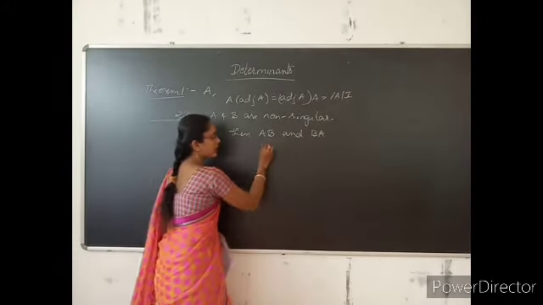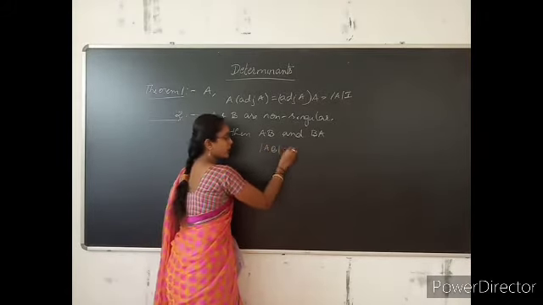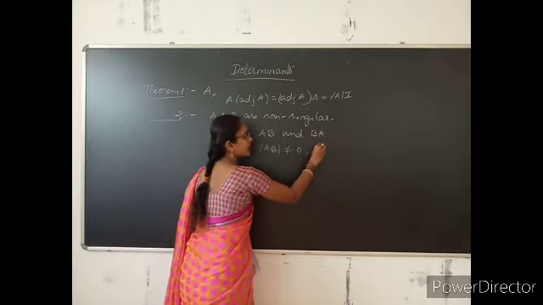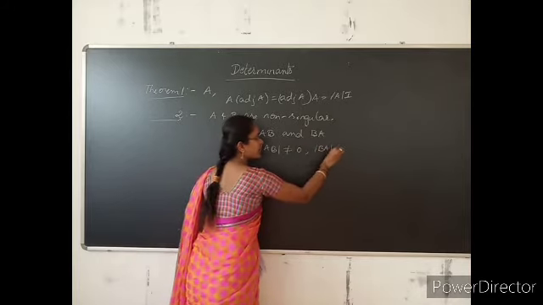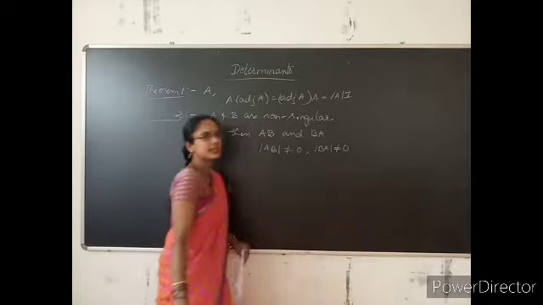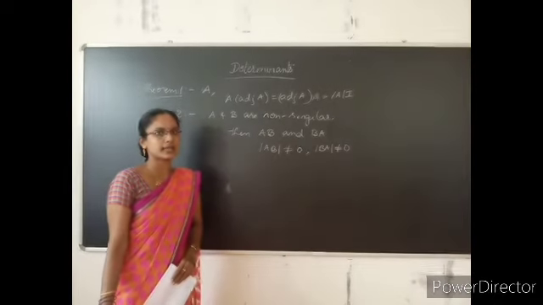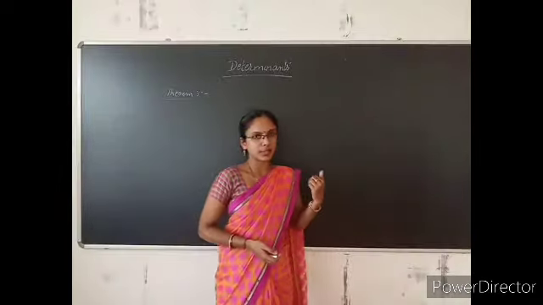That means determinant of AB is not equal to 0 as well as determinant of BA is also not equal to 0. So this is the second result. Next is theorem 3.